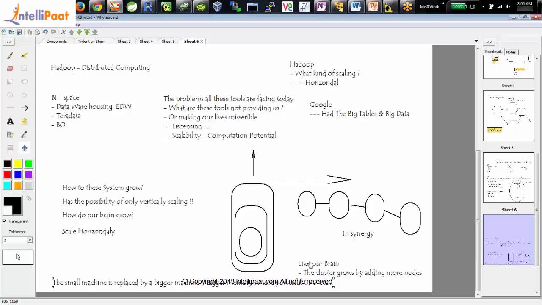That is horizontal scaling. What we call vertical is adding more memory, more CPU and all that, right? Absolutely.